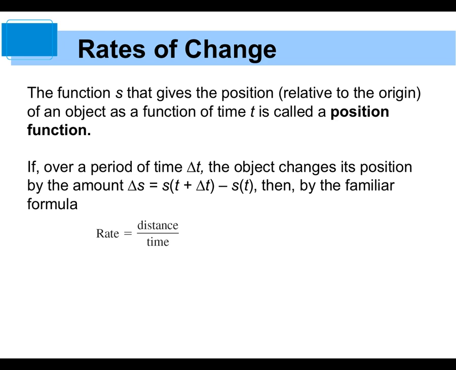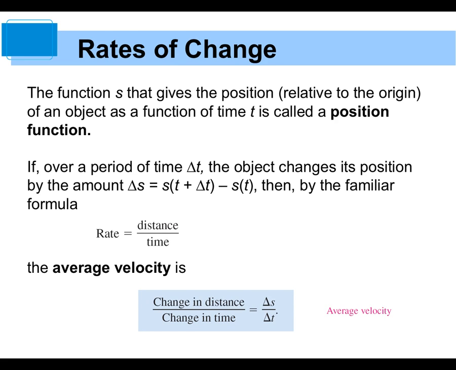Distance equals rate times time, but we want it as rate is distance divided by time, change in position over change in time. That's a rate. Now, what happens when you take the rate of change of the position? What do you end up with? From physics. Velocity. Correct, velocity.